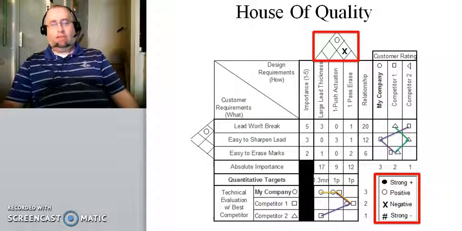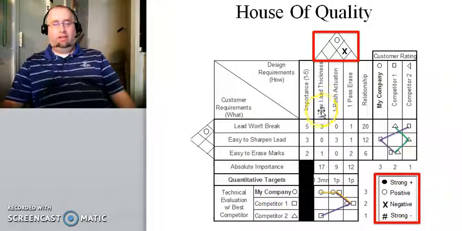So any cross-coupling or cross-linking between your engineering requirements. If you improve your ability to meet one engineering requirement by changing the design so that that requirement is better managed, are there cross-couplings that somehow affect the other engineering requirements?